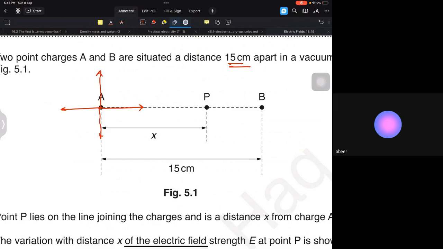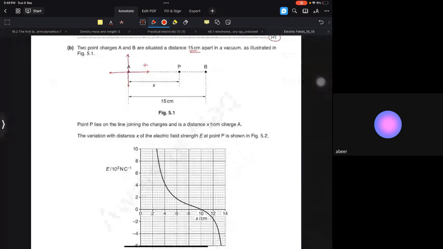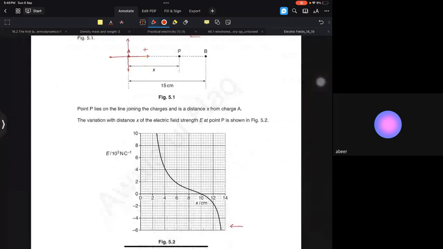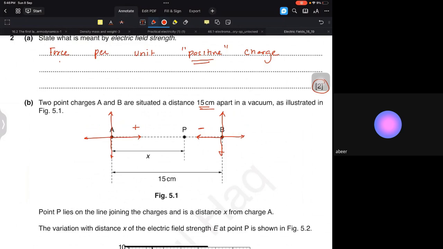If I take the right side as positive, as shown on the graph, then the other line shows that it is negative, which means the field from B should be out as well. That means the left side should be negative, and both charges must be positive. Do you guys understand this?